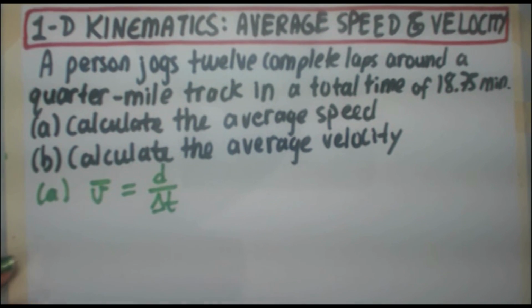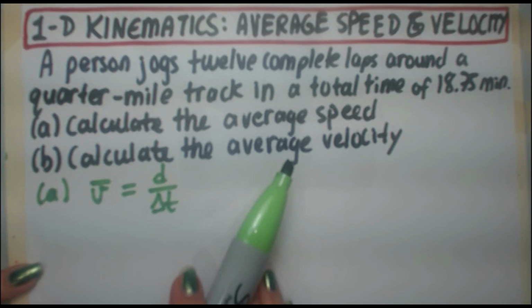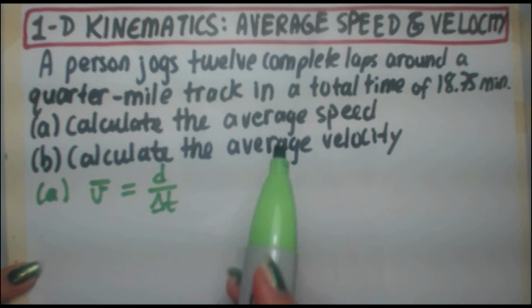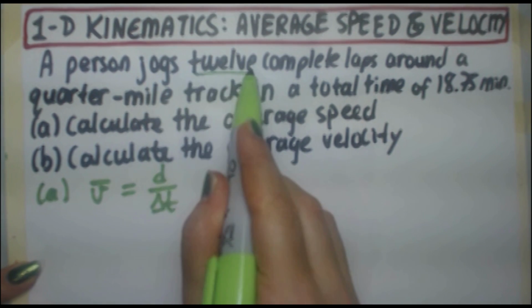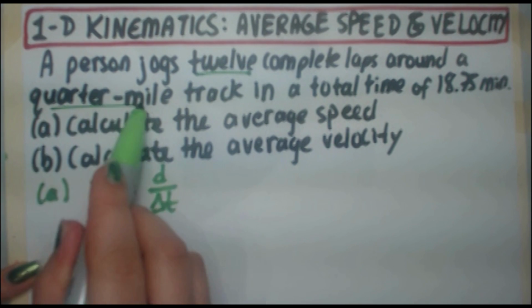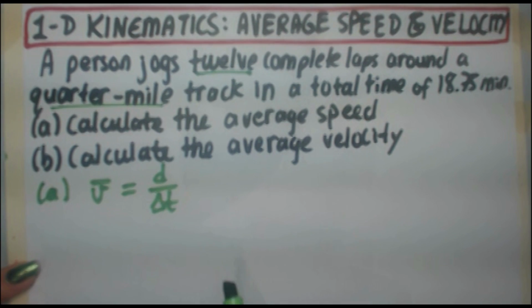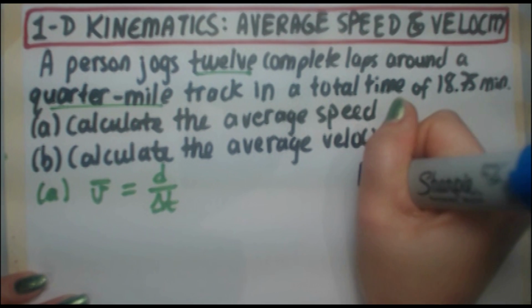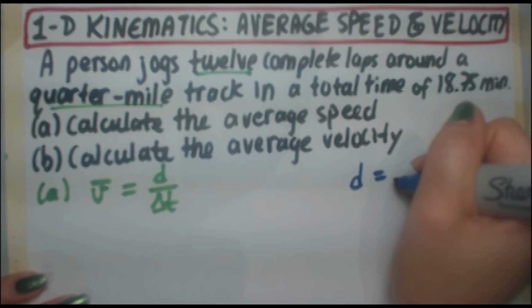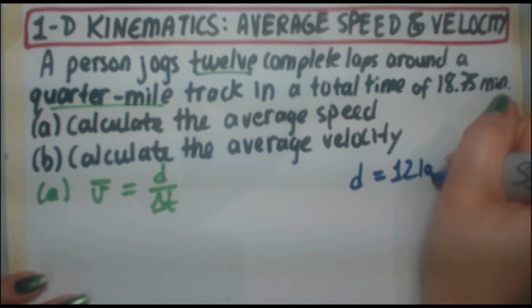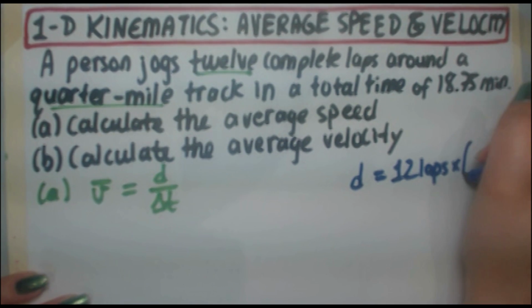Okay, now here's the thing. They don't directly give us the total distance traveled in the question, but they do tell us that the person jogs 12 complete laps around a quarter-mile track. So this is how we're going to determine the distance. Let's do that on the side here. The distance is 12 laps times 0.25 miles per lap.